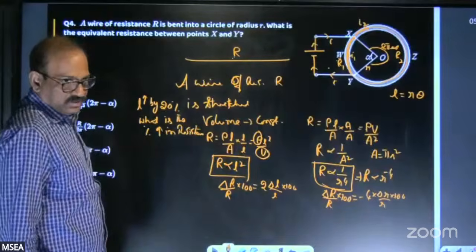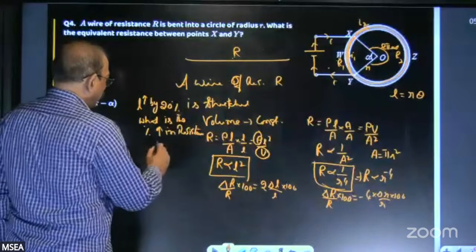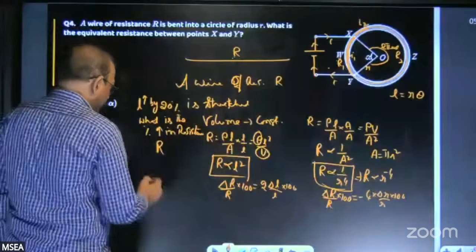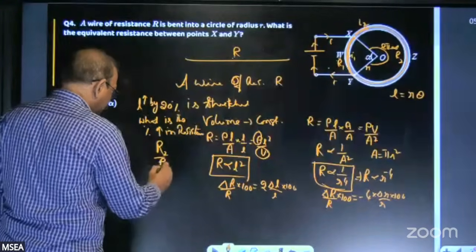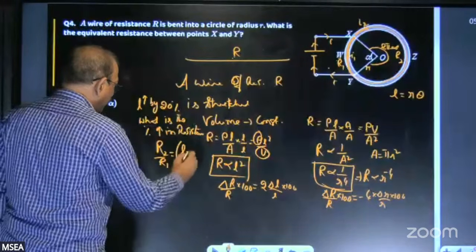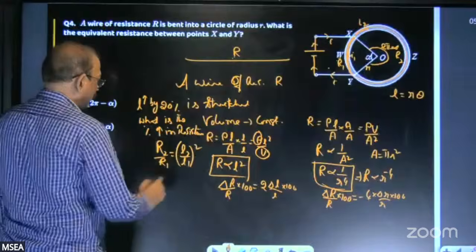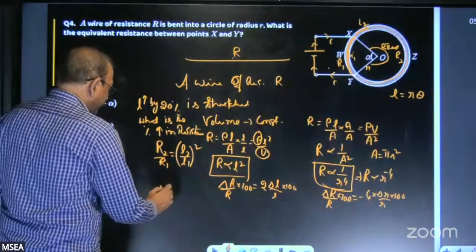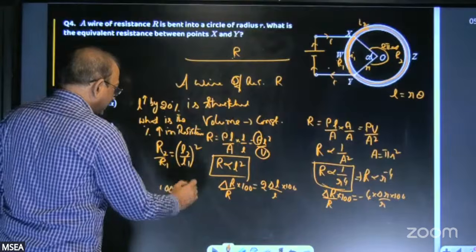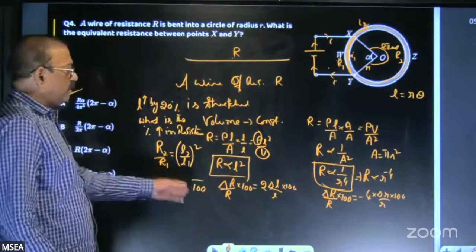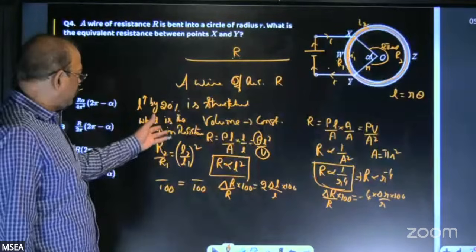Now don't apply this. Now what to do? R is proportional to L square when it is stretched. You write R2 by R1 is L2 by L1 whole square. You take initial values as 100: R1 is 100, L1 is 100, you write initial values when you solve percentage problems.